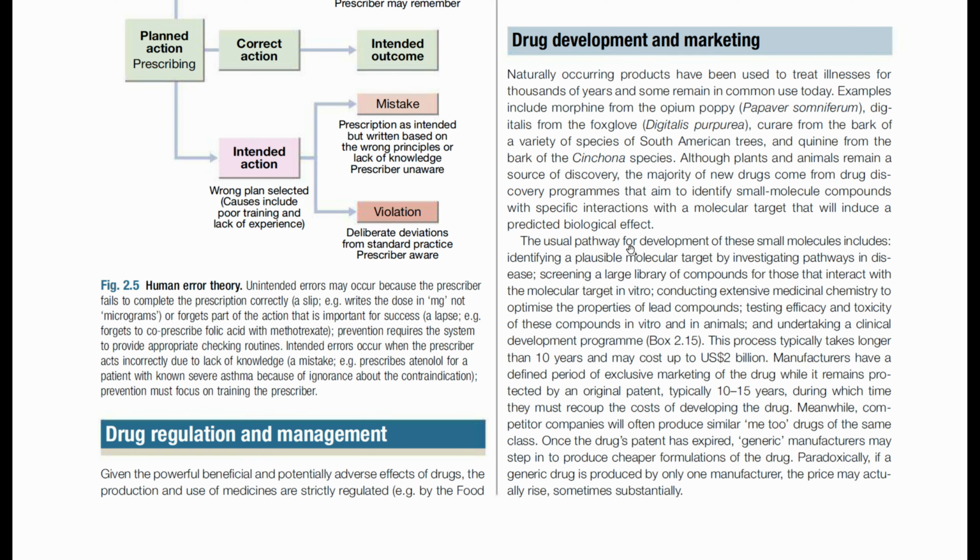The usual pathway for development of these small molecules includes identifying a plausible molecular target by investigating pathways in disease, screening a large library of compounds for those that interact with the molecular target in vitro, conducting extensive medicinal chemistry to optimize the properties of lead compounds, testing efficacy and toxicity of these compounds in vitro and in animals, and undertaking a clinical development program, Box 2.15.